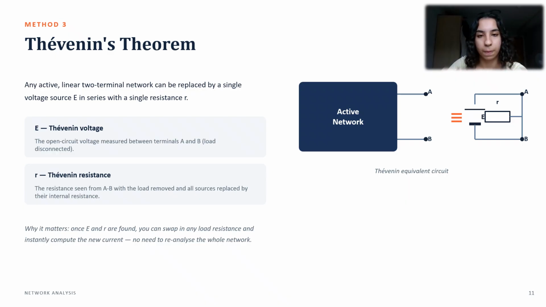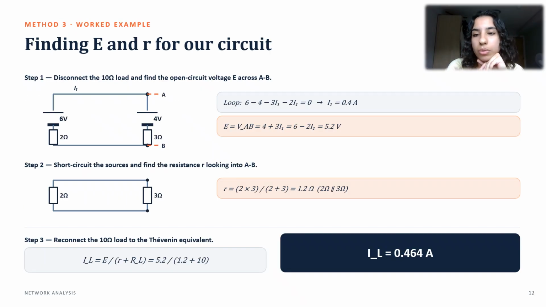First we remove or disconnect the 10 ohm resistor. The resistors are called loads. We remove that one, and now we end up with the two batteries with their internal resistors. We will have to find E.